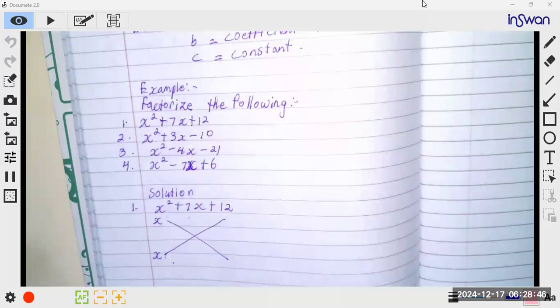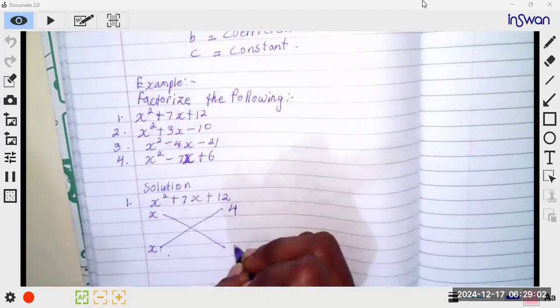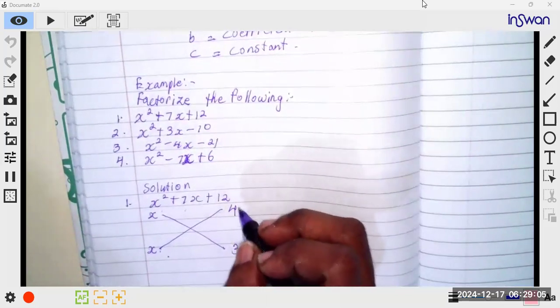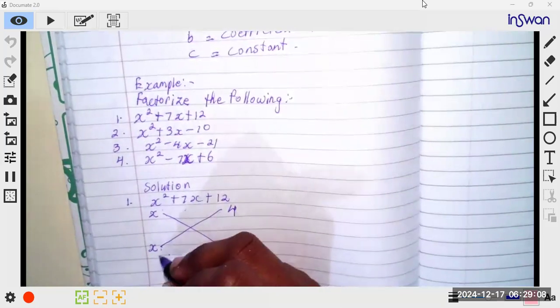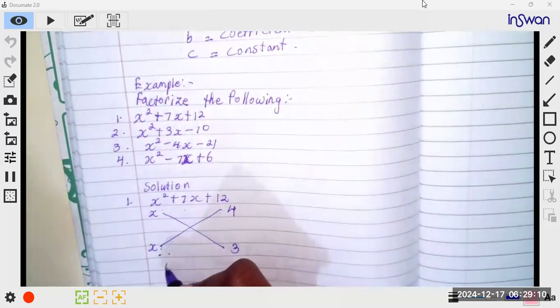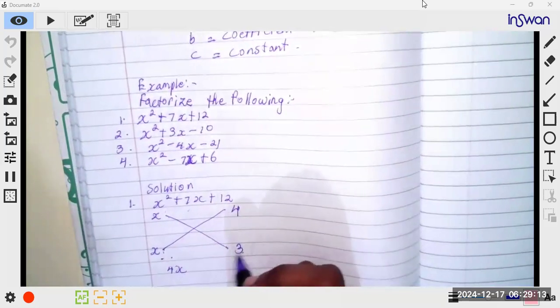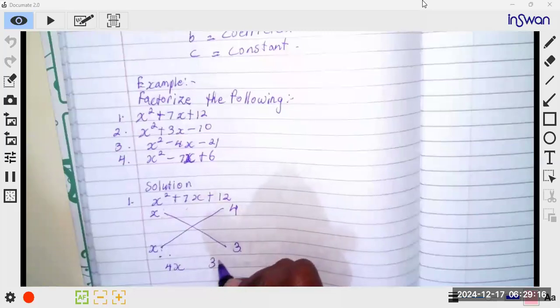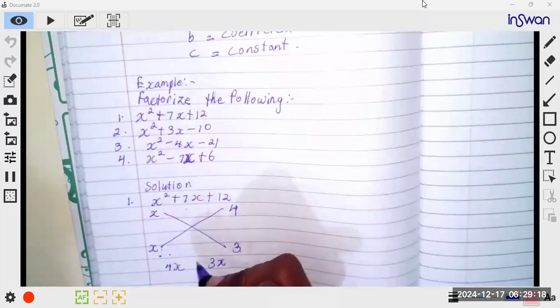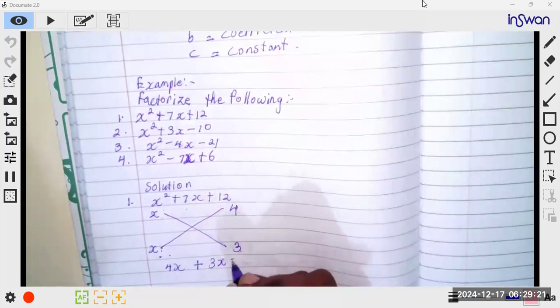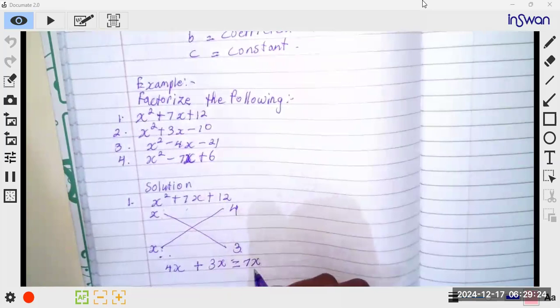So what two numbers when you multiply them will give us 12? 4 and 3. If we add, 4 multiplied by x will be 4x, and 3 multiplied by x will be 3x. So 4x plus 3x will really and truly be 7x.